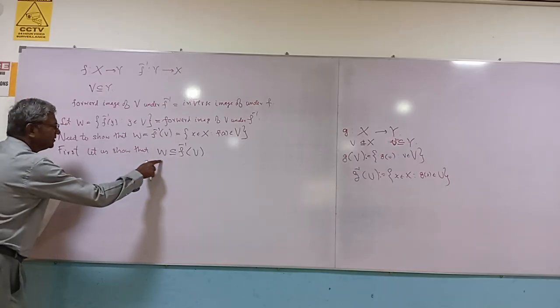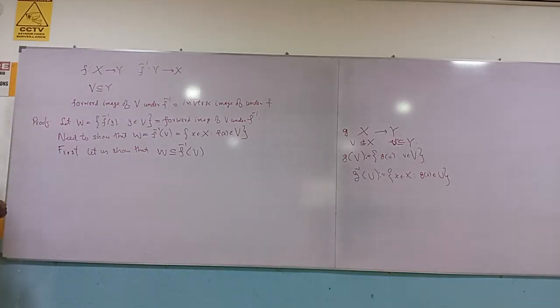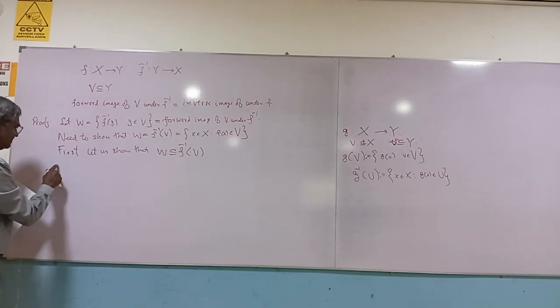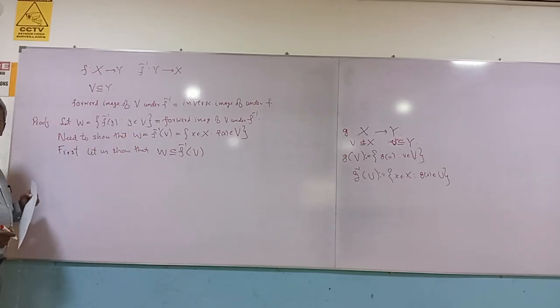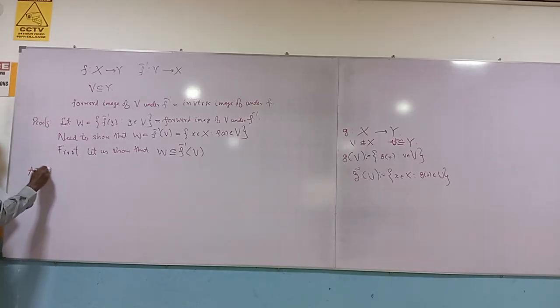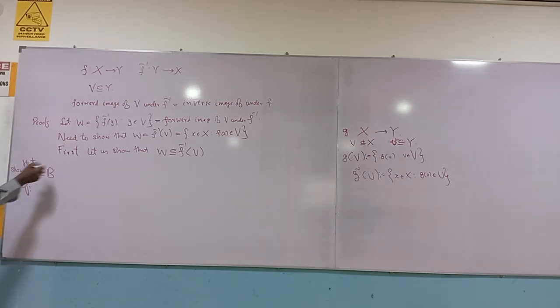How do you do it? What should I write? I want to prove A is a subset of B. What is the first thing I should write in the proof?